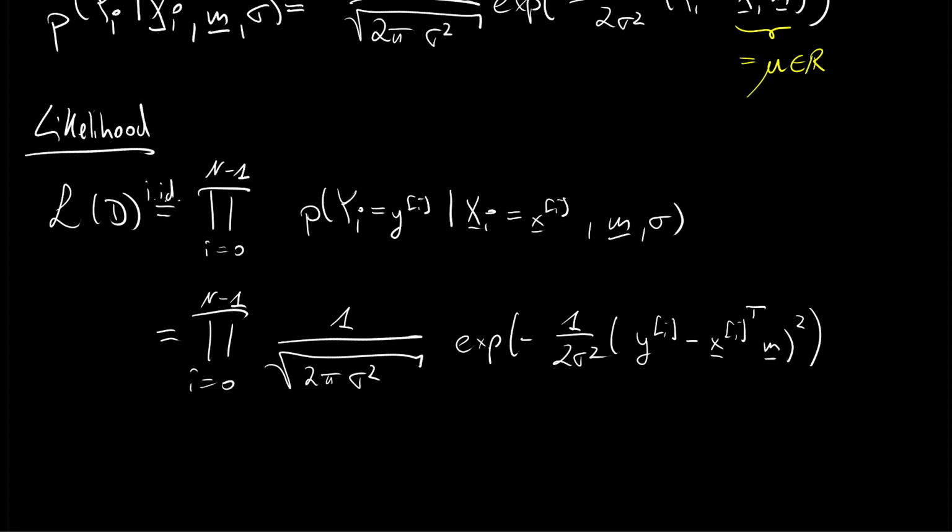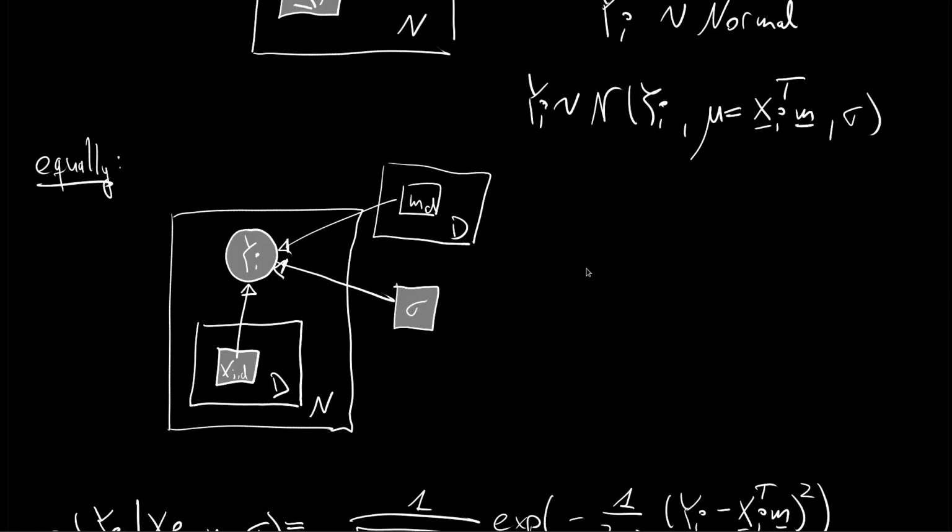Then let's look at our directed graphical model again. If we scroll up, we see that the only unknown, or thing that we want to find in our model, is the m value, so the values of the parameters, or the values of the weights in our linear regression. In other words, this also means that in our assumption, the sigma is given or known and not of interest.